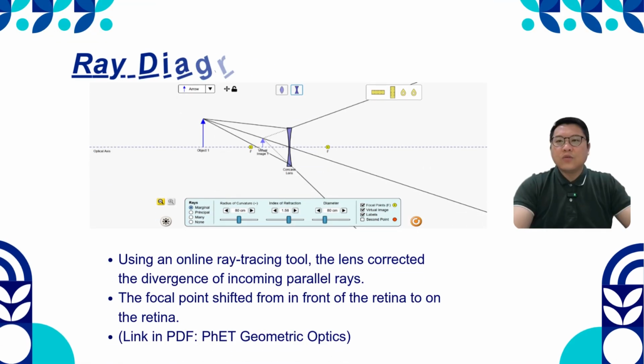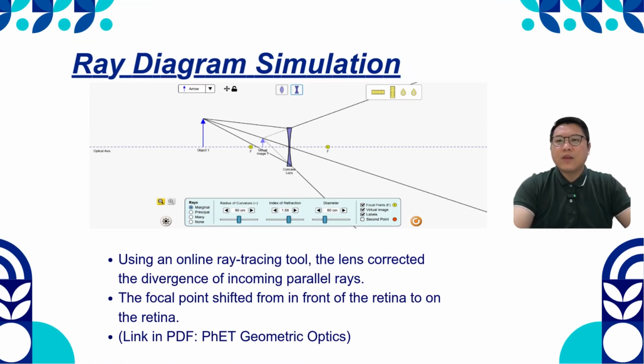The second digital tool used was a ray tracing simulator from PhET Colorado. In the uncorrected model, incoming parallel rays converge and form their focal point in front of the retina plane, which accurately represents myopia.